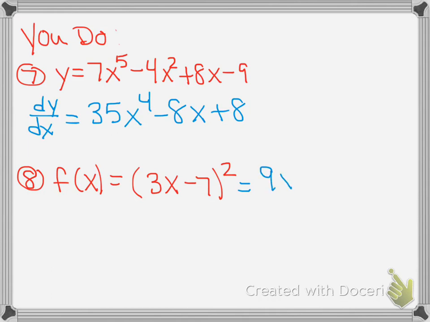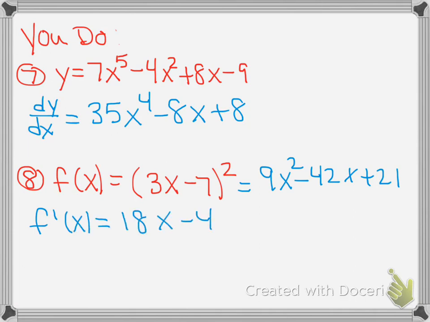And you would have gotten 9x squared minus 42x plus 21. Now that it's rewritten, we can take the derivative and say f prime of x equals, and hopefully your answer was 18x minus 42. Okay, so if you have any questions on the power rule, make sure to jot them down, bring them to class. We will be talking about it.